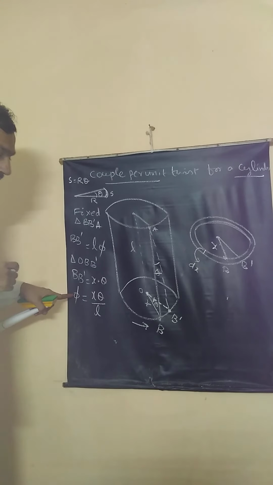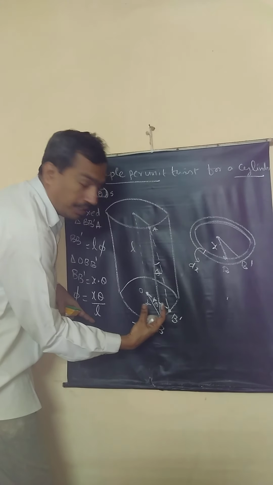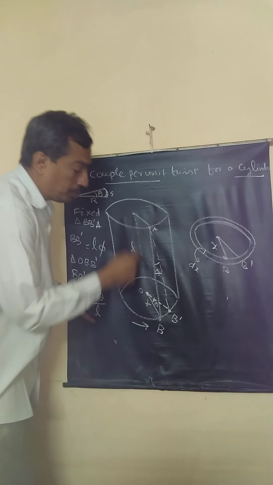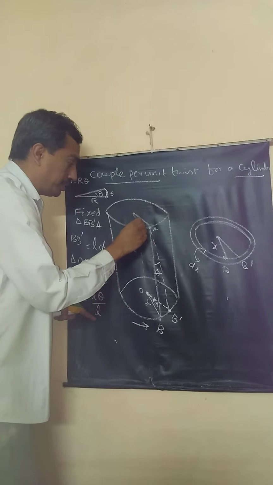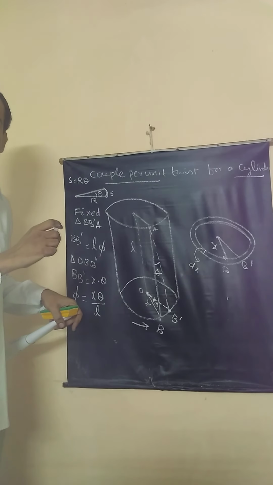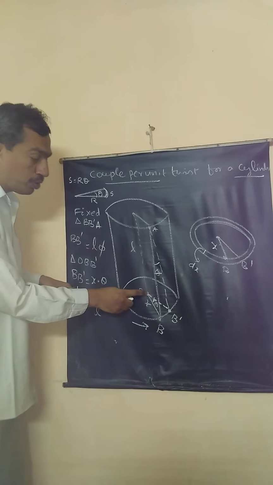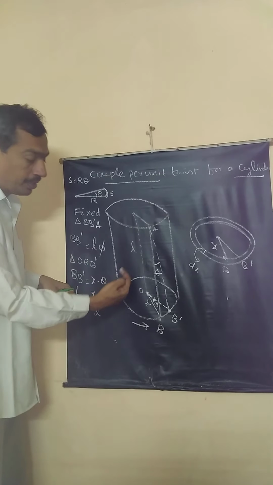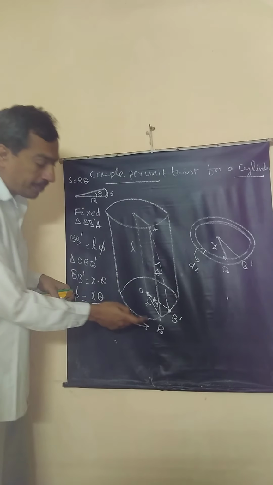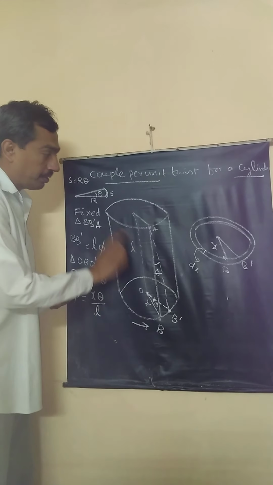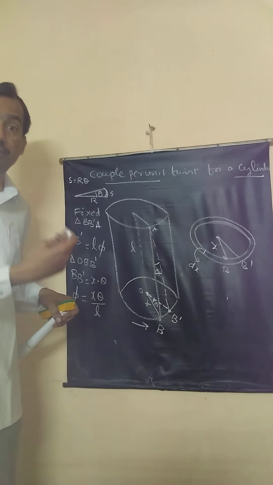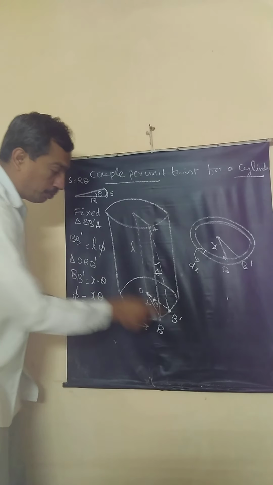Shear strain. The shear strain is the net displacement of the surface with respect to the stationary surface. See, this central axis will not experience any displacement, and as you move away from the center, as the radius increases, the displacement increases. The outermost layer of this cylinder experiences maximum shear displacement. So B has moved to B prime.